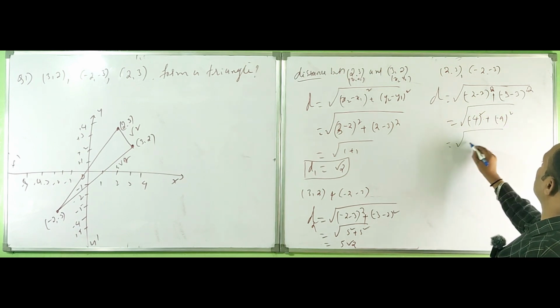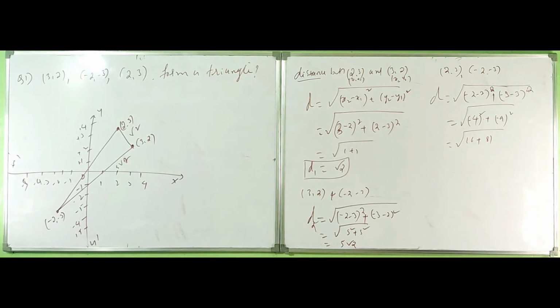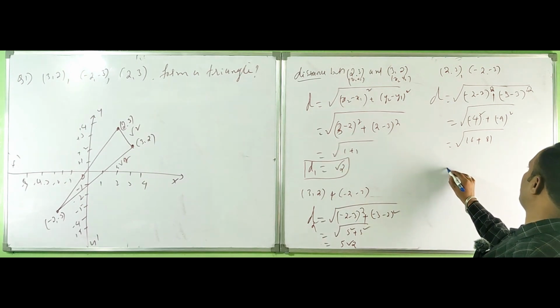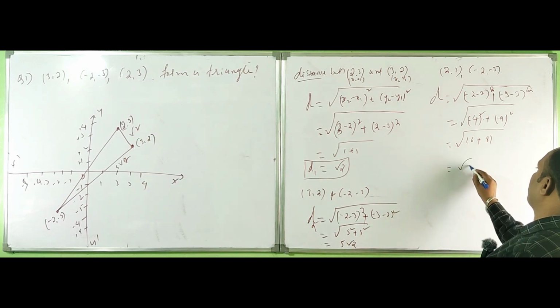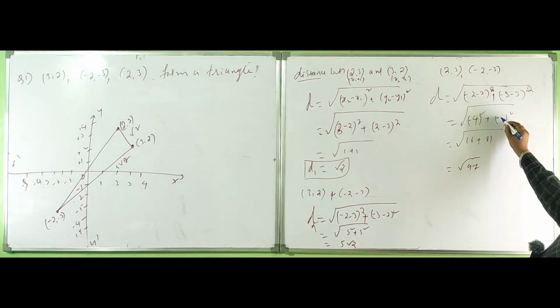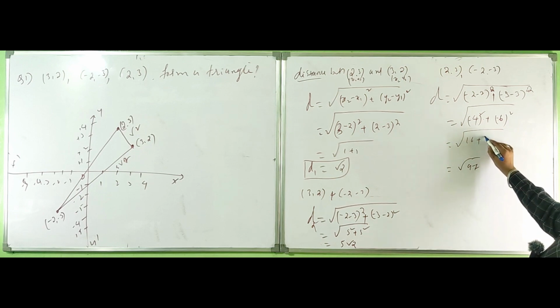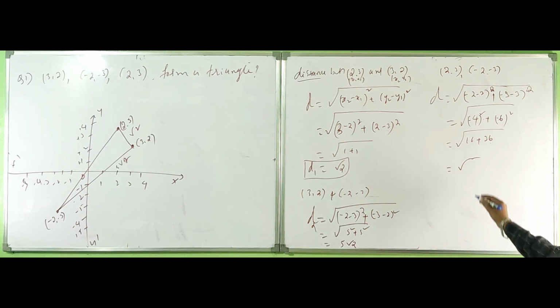This is square root of 16 plus 36, which is 52.